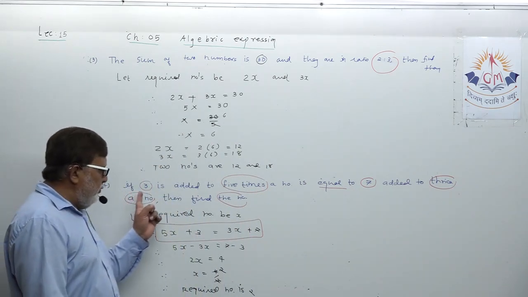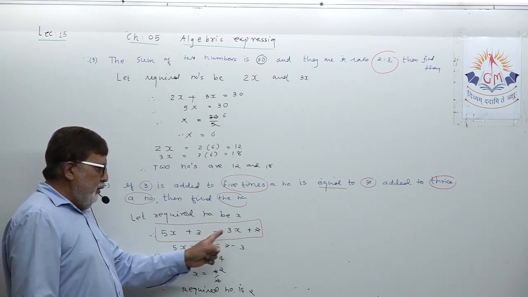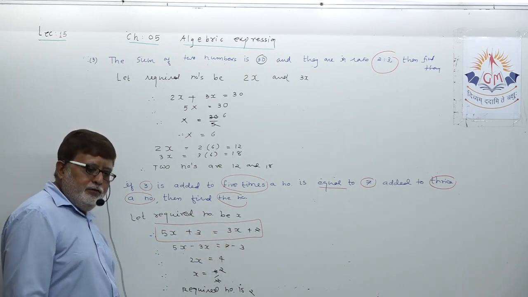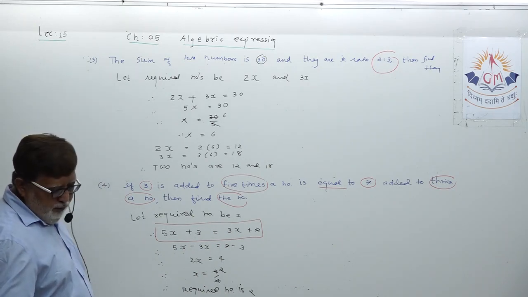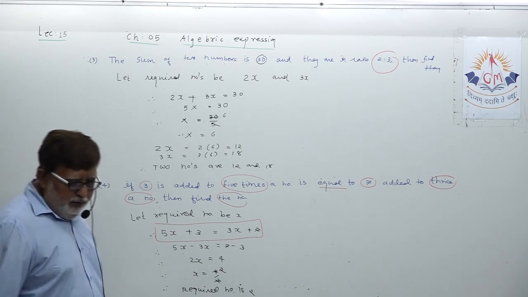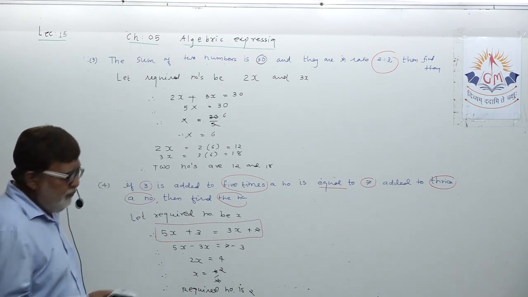What is written here? 3 is added to 5 times, 7 added to 3 times. Then we could solve it so easily. You understood this? So this is question number 4 we have taken.